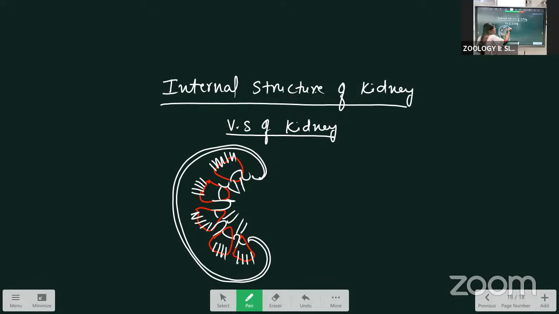Next, see this one. This is the renal capsule. Next one is the renal cortex, the outer region. The inner region is called the renal medulla.